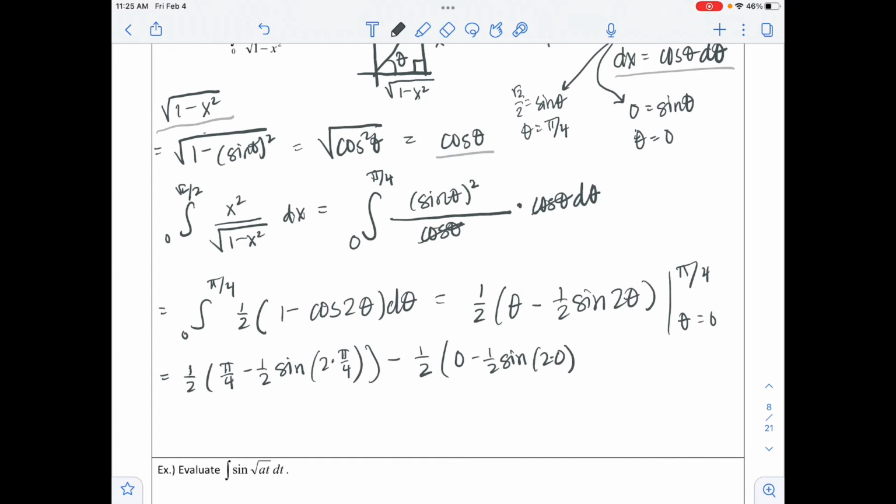So from here, we have 1/2 times pi over 4 minus 1/2 times, and sine of pi over 2 is just equal to 1. And we know that the lower limit part is just going to become 1/2 times 0 minus 0, so this whole term will be 0. You can distribute the 1/2 and simplify a little bit, but we get pi over 8 minus 1/4.